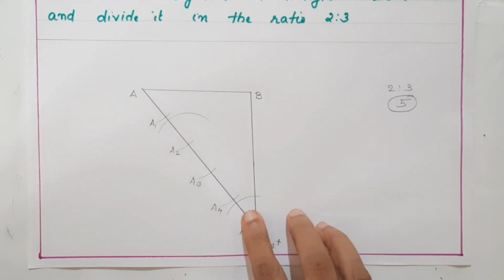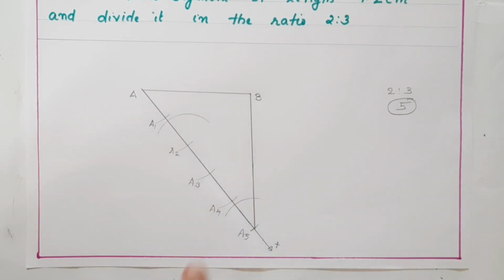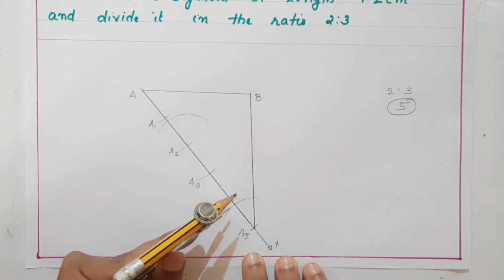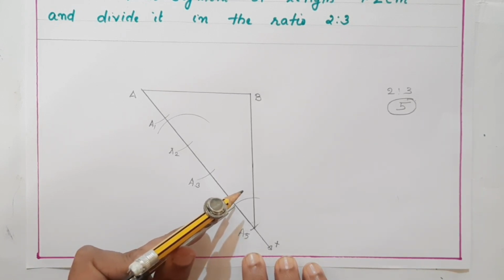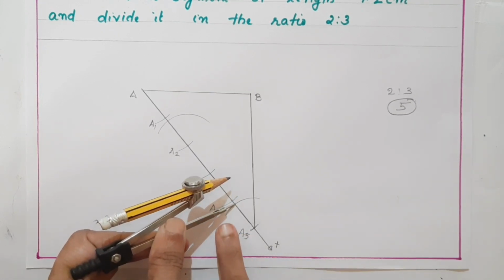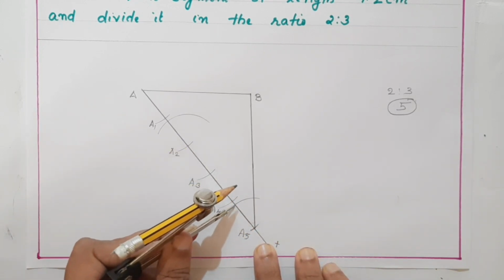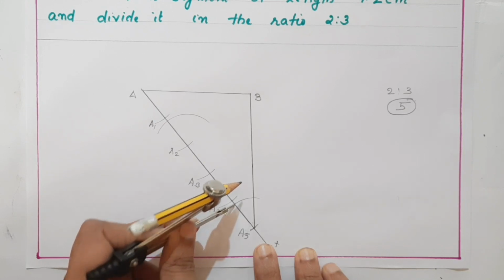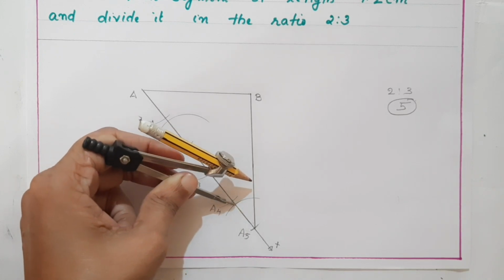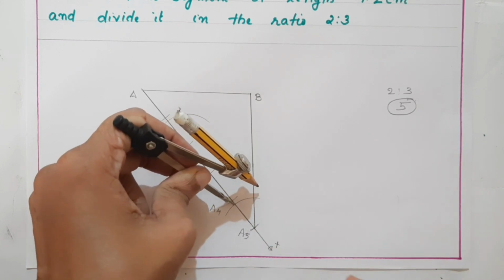Now our aim is to make the same angle at this new arc. Okay, so how will you get that? You have to fix the compass at this point of intersection. Okay, did you see the point of intersection of this new arc and this ray? There you have to fix the compass. Take this arc length in the compass. For that you have to adjust the compass.